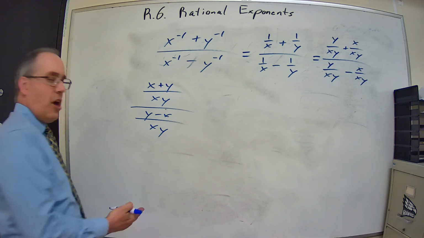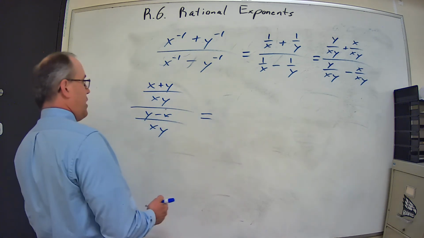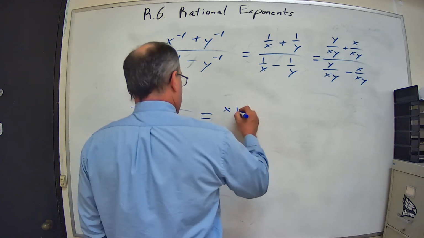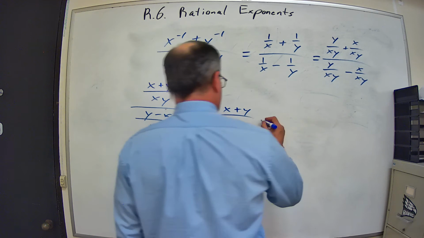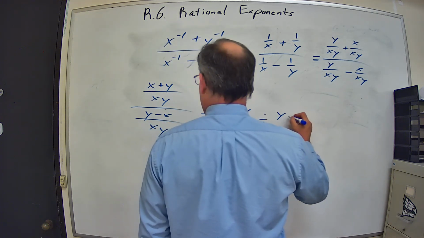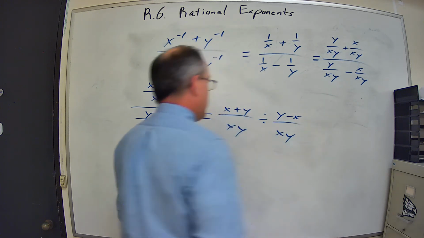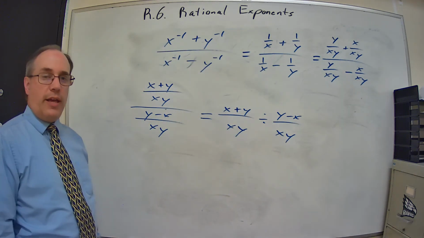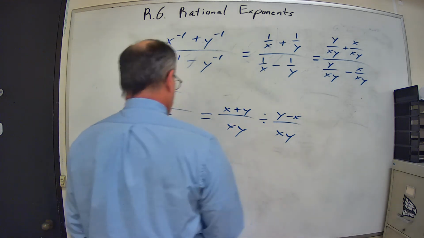Well, that's a complex rational function, so we can turn that into division. x plus y over xy divided by y minus x over xy, right? Turn that into multiplication.